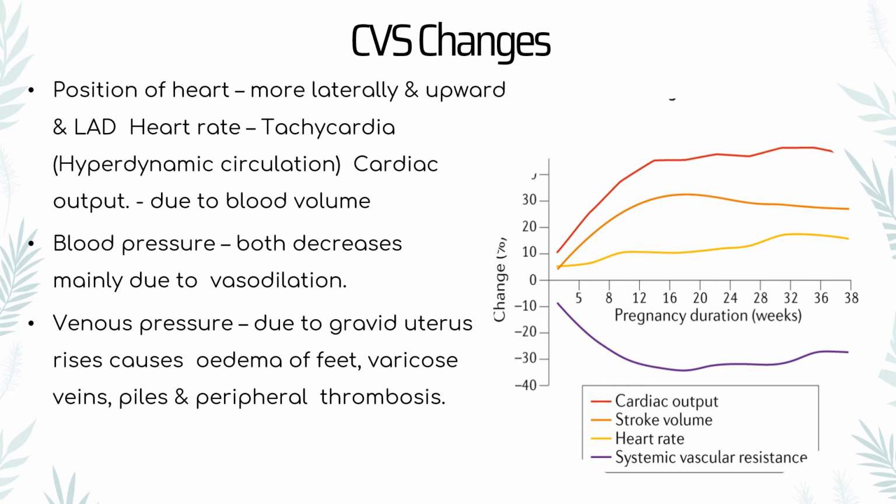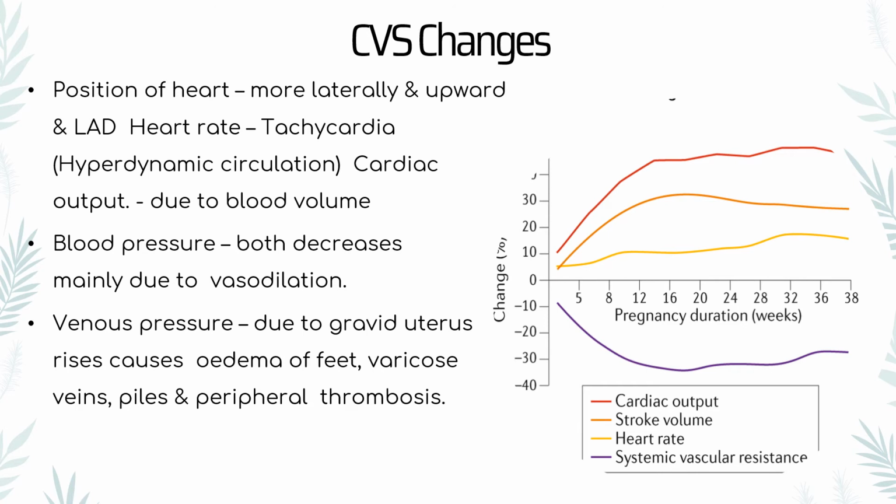It is much lower and then it starts rising and comes back to normal. So vasodilatation due to the effect of vasoactive substances is the main cause of fall in the diastolic blood pressure. And the blood flow to the skin, uterus and kidney increases due to the increase in the demand.